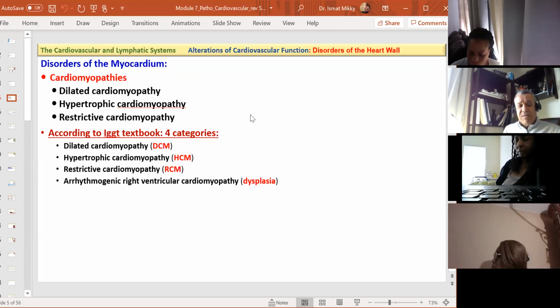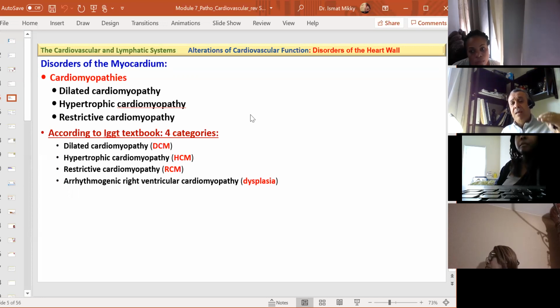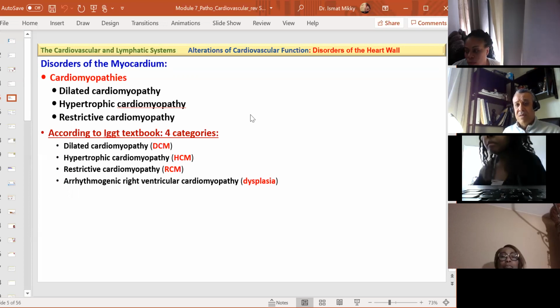And we have different classifications of cardiomyopathy, but let's just stick with the top ones, because the bottom one we are going to cover in Adult Health 3. The last one is not covered in the pathophysiology textbook, which is the dysplasia type.